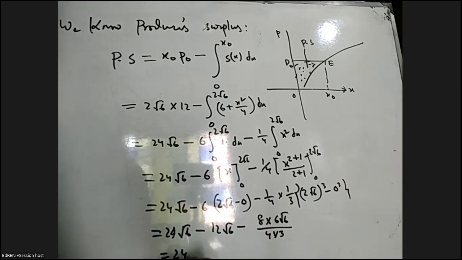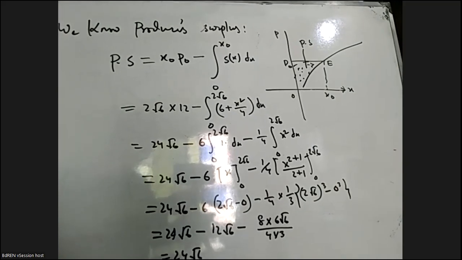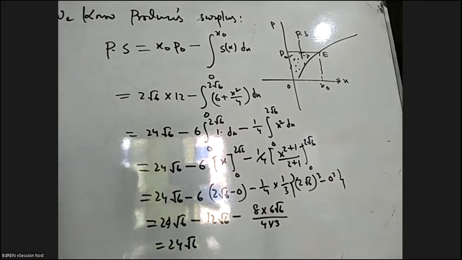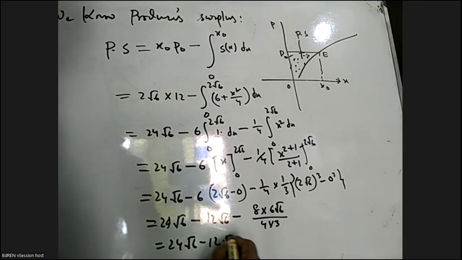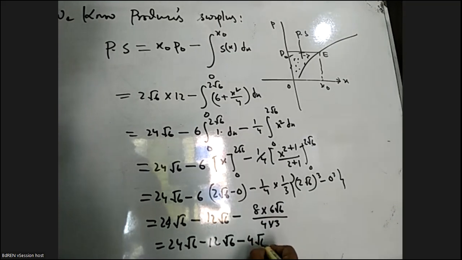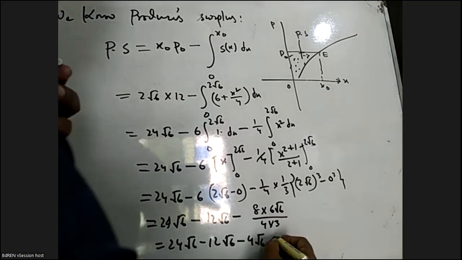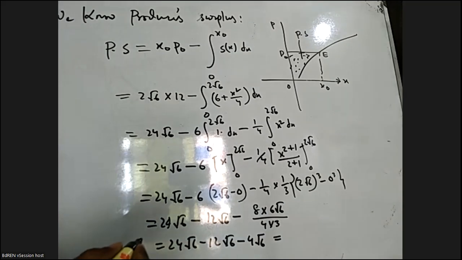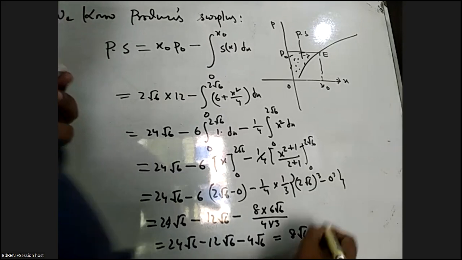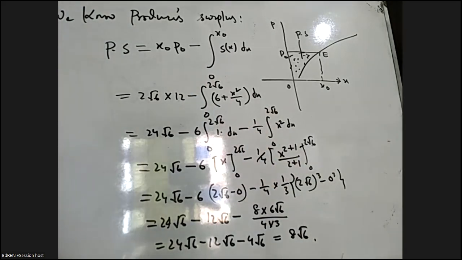So 24 root 6 minus 12 root 6 minus 4 root 6, we get easily 8 root 6. So this will be the value of the producer surplus.